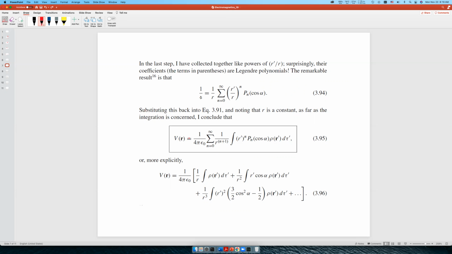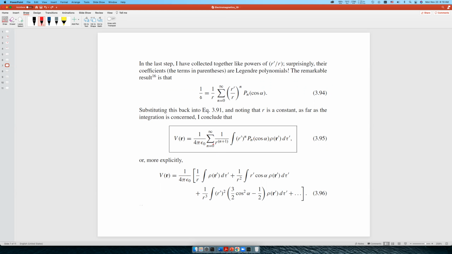Substituting this term into the previous equation, you will have the conclusion for the potential of a collection of charge density, which is 1 over 4 pi epsilon 0 times the sum from n equals 0 to infinity of 1 over r to the n plus 1. Note that n is from 0 to infinity, and the integral of r prime to the power n, P n of cosine alpha, rho, d tau prime. Written more explicitly, you have infinite terms.